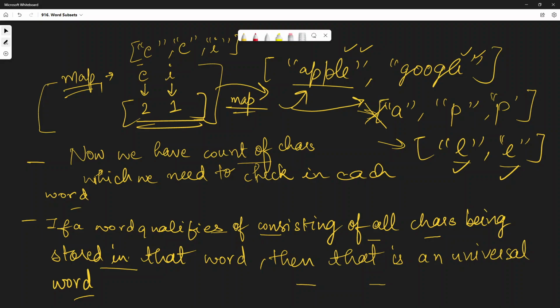So here's the code. Where's my cursor? One minute. I'm unable to find my cursor actually. That's not good. One minute. Okay, I just lost my cursor.